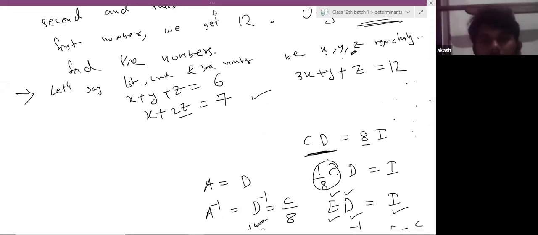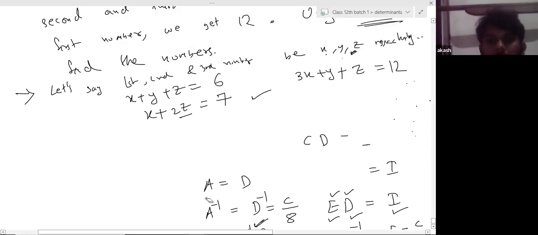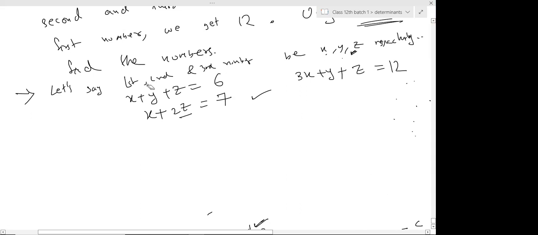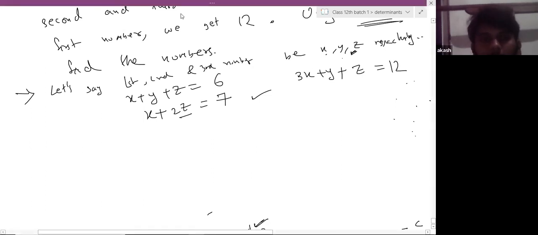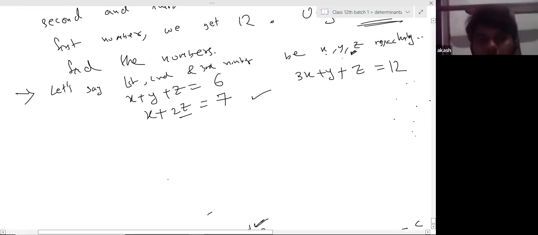Using these three equations, we can find x, y, and z. Any doubts, anyone? No, sir. And we can all solve these three equations very easily, I hope. Yes, sir. All right, Wilson, Ronaldo.